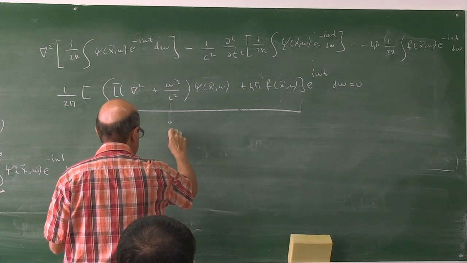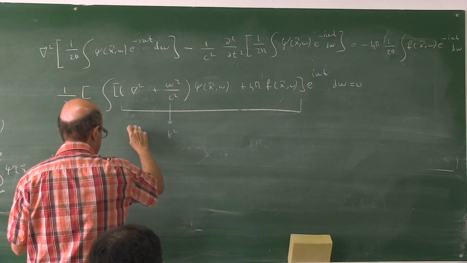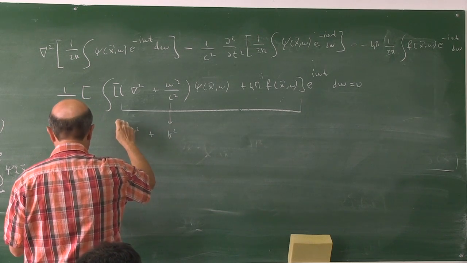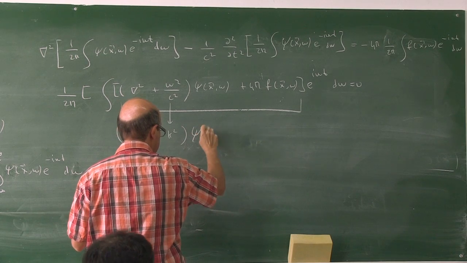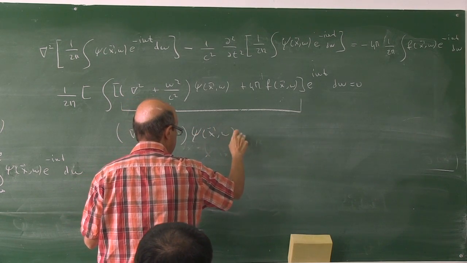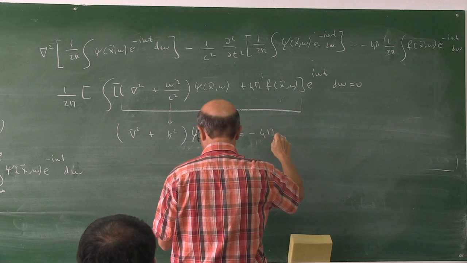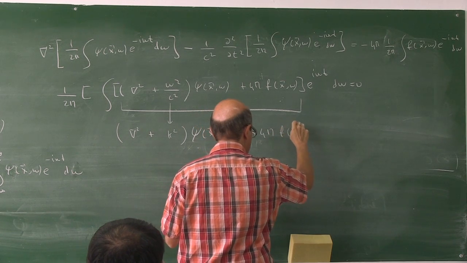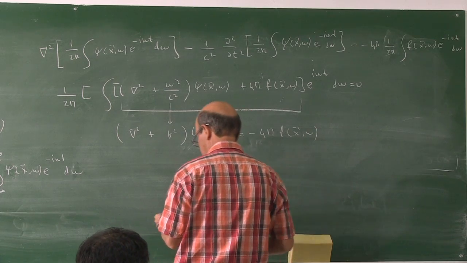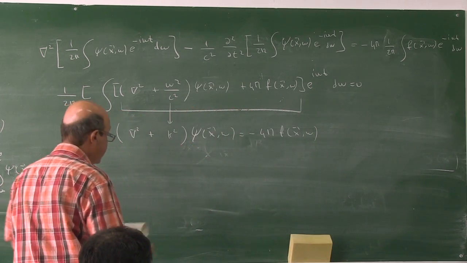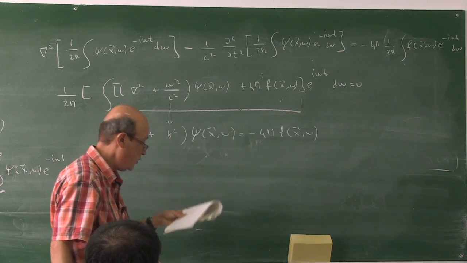And you have k square plus del square acting on psi(x,omega) is equal to minus 4 pi f(x,omega). When k goes to 0, this becomes a Poisson equation.